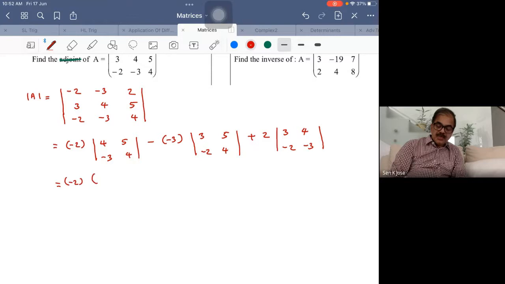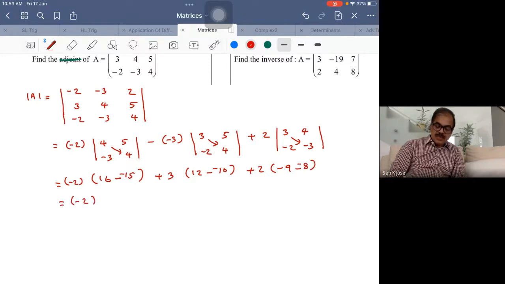Then you start expanding. -2 into, when you cross multiply, 16 minus -15, plus 3 into cross multiply, 12 minus -10, plus 2 into cross multiply, -9 minus -8.